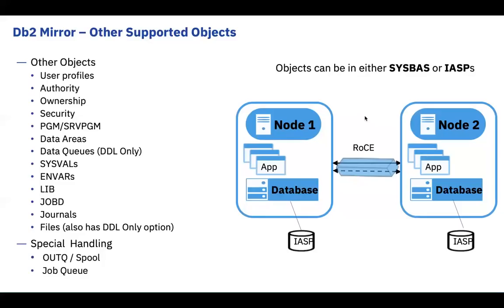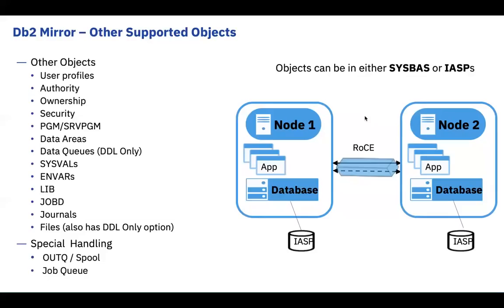The thought process behind this is typically right now applications aren't quite ready for active-active, so they couldn't really handle a data queue receiving something from the other node and understand where it came from. Over time, that might change. System values, environment variables, libraries, these are all selectable.